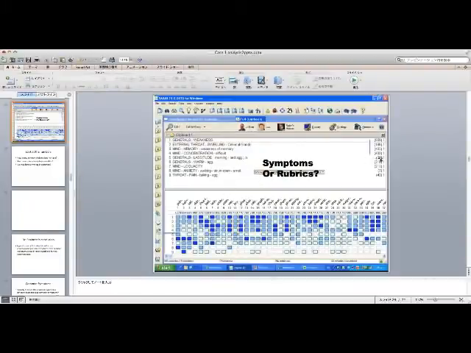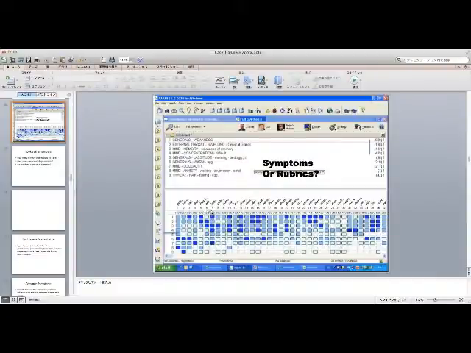Okay, so here are the numbers. And if you look down here, this is the order of the strength of each remedy that was selected. Okay, so do we have a clear differentiation between here and here?